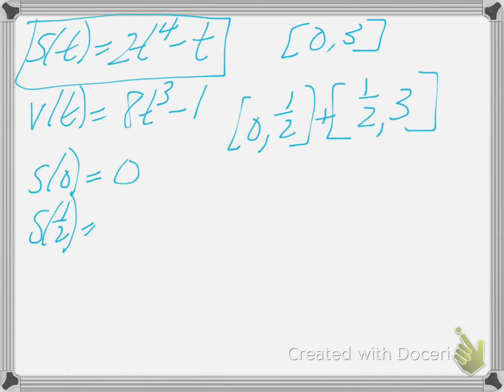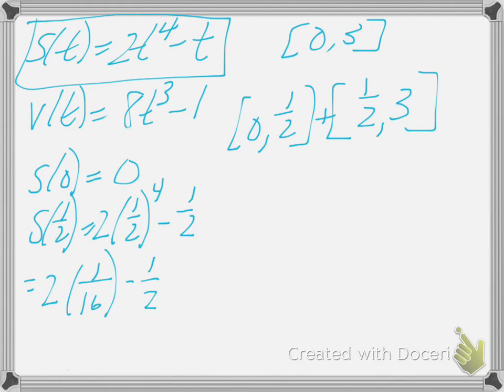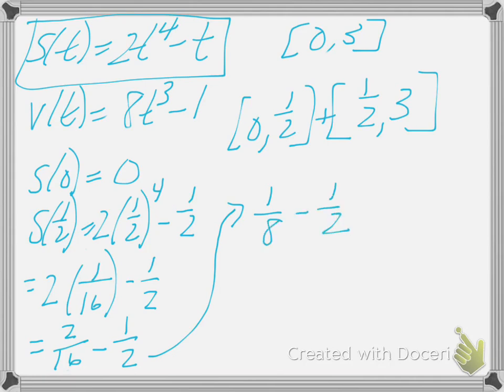Whenever you want to know the location, it's always the position function. So we get 2 times 1/2 to the 4th minus 1/2. Okay, so it's going to be 2 times 1 over 16 minus 1/2. That's going to be 2 over 16 minus 1/2, which is 1 over 8 minus 1/2.